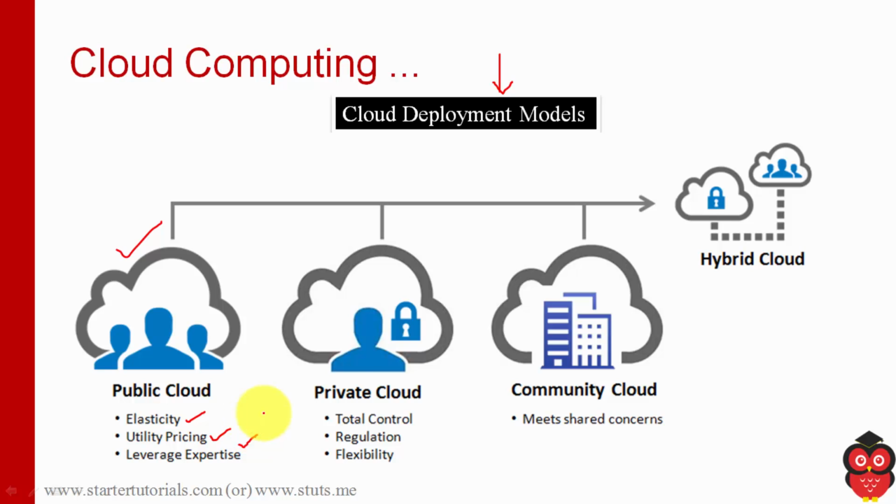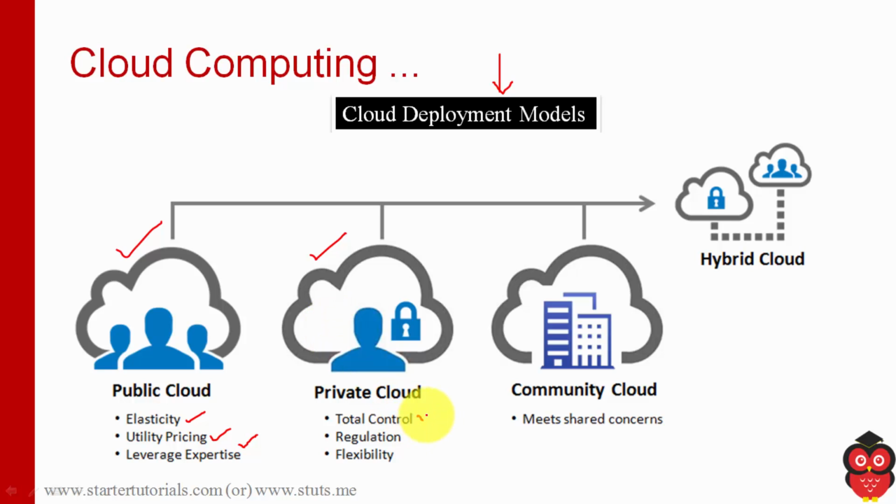And next one is private cloud. That means if you are purchasing private cloud, the cloud provider, either Google or Amazon, will reserve the resources only for your organization. They will not share those resources with other people or other organizations. It's private cloud, it is your own.